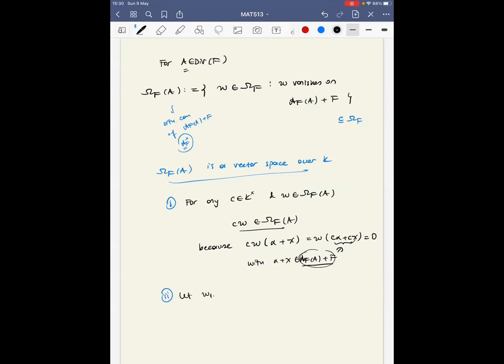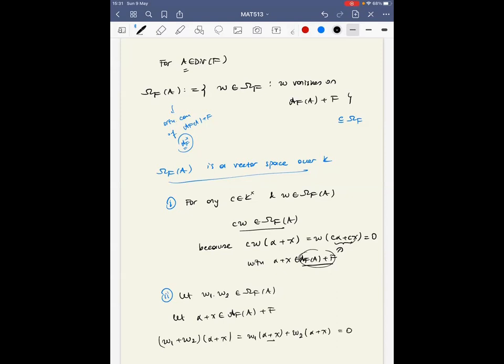And similarly, if you consider two Weil differentials which vanish on the adele space of the specified divisor A plus F, we want to see that for any element in the sum, their image under this addition of the Weil differentials, which we defined as omega 1 of alpha plus x plus omega 2 of alpha plus x, is going to be 0.